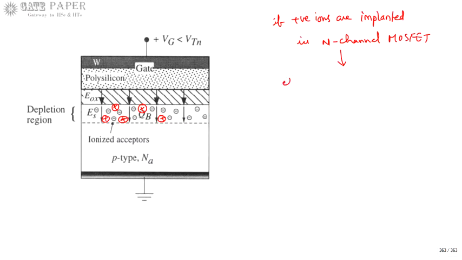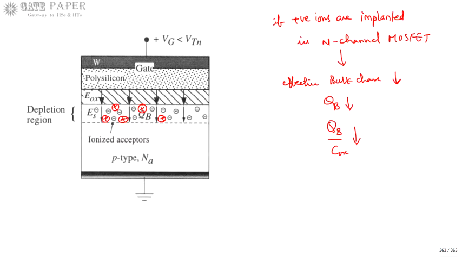So because of that, the effective bulk charge gets reduced. That is nothing but QB gets reduced. So the voltage associated with this bulk charge is going to be reduced. And if you apply positive ions equal to the negative ions present in the depletion region, at that time QB by COX will become 0.